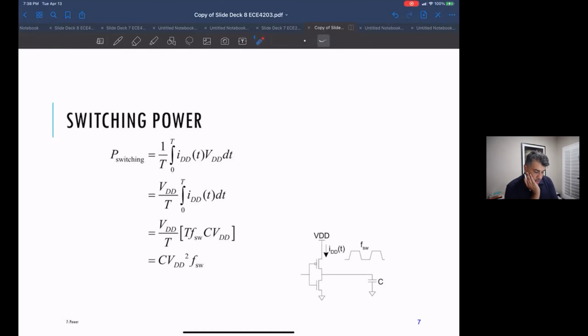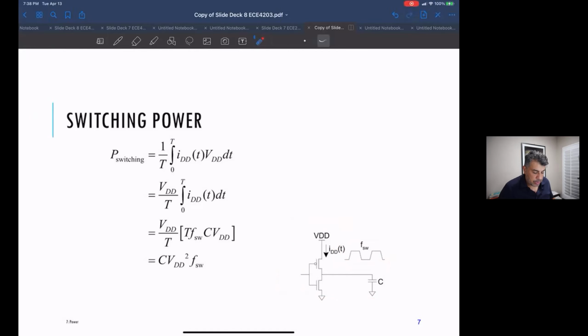Okay, so when we're looking at one step above, let's say we have this input of a certain frequency, and we want to look at, for that input, how much power consumption does this thing take?